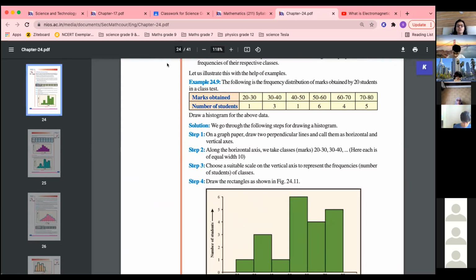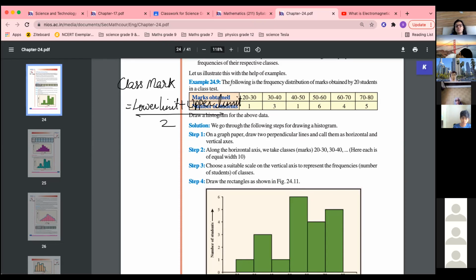Okay, so for this we need to calculate class mark. Okay, what is class mark? Class mark is lower limit plus upper limit ka average, okay, upon 2. Understood?